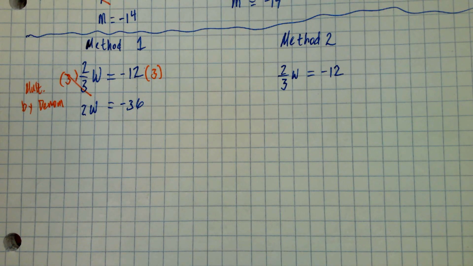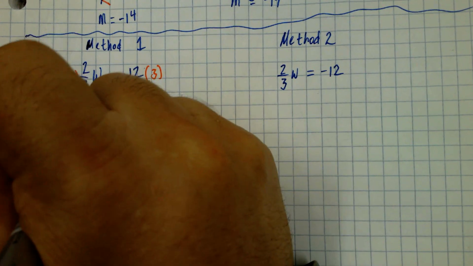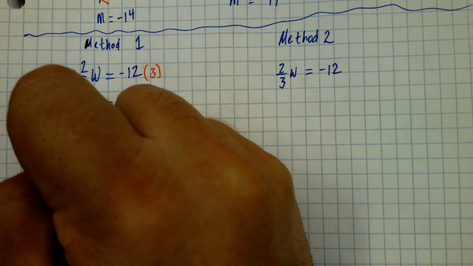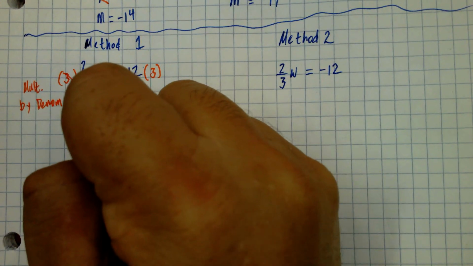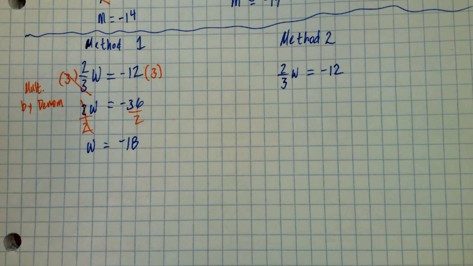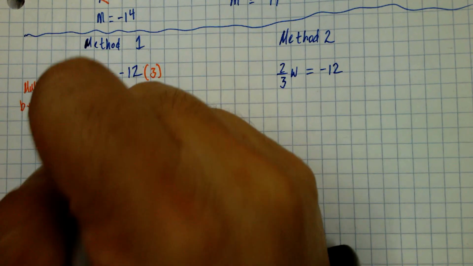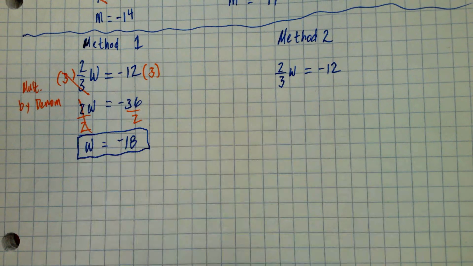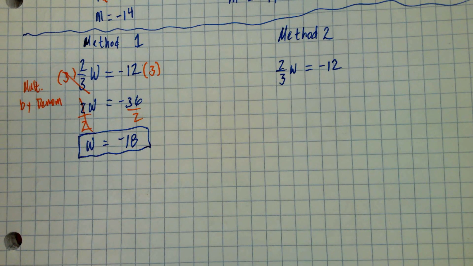What should I do to get rid of the 2 in 2w? Divide by 2. So we get w is -18. Okay. And that's it. Any questions? Okay.